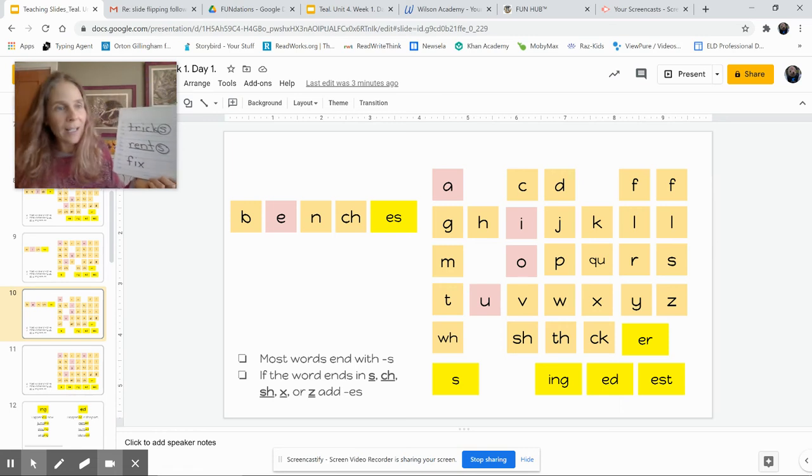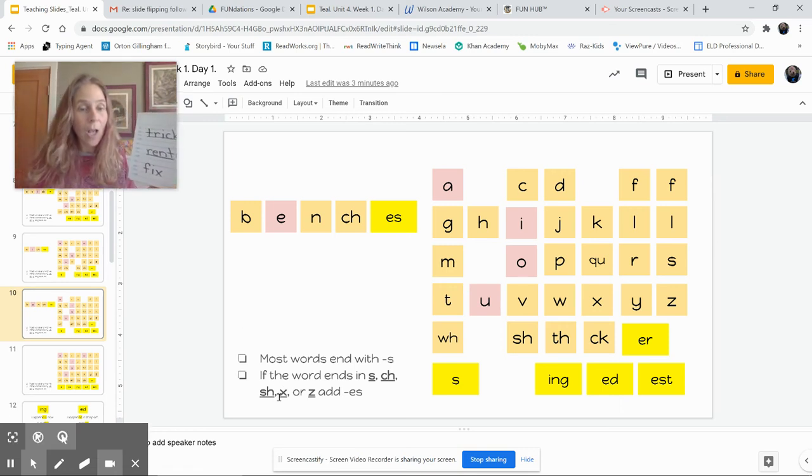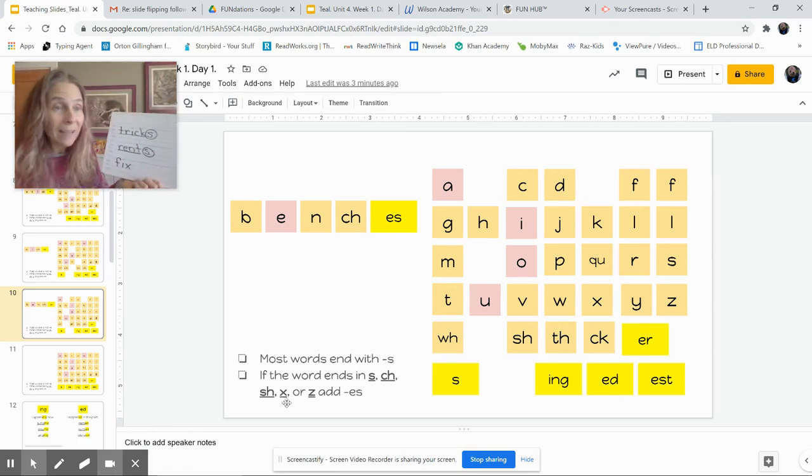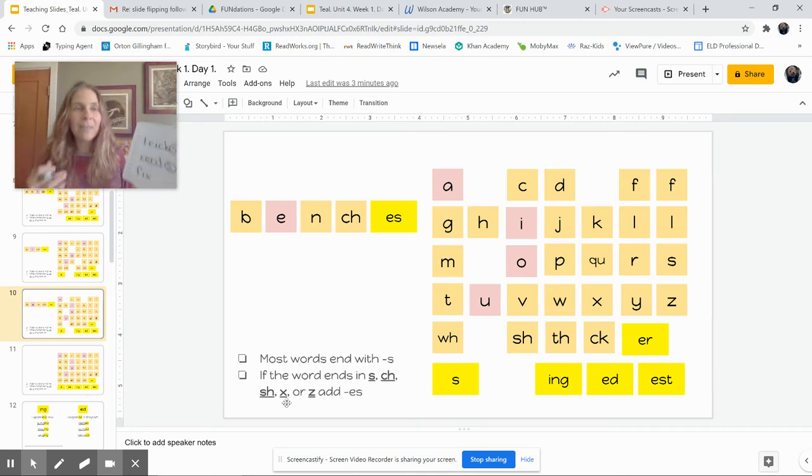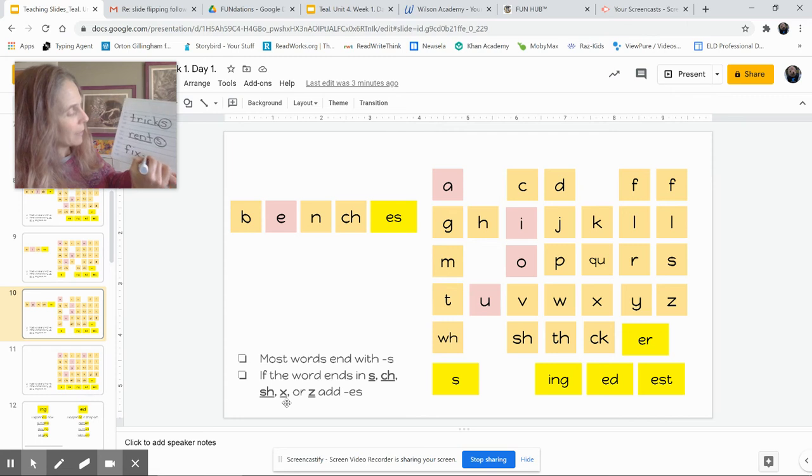And, ooh, I see it ends with an X. Let me look at my rule. If it ends with an X, I need to add an ES, and I can kind of hear it, fixes. So I'm going to add my ES right here to the end of my word, underline my base word, and circle my suffix. Right on.